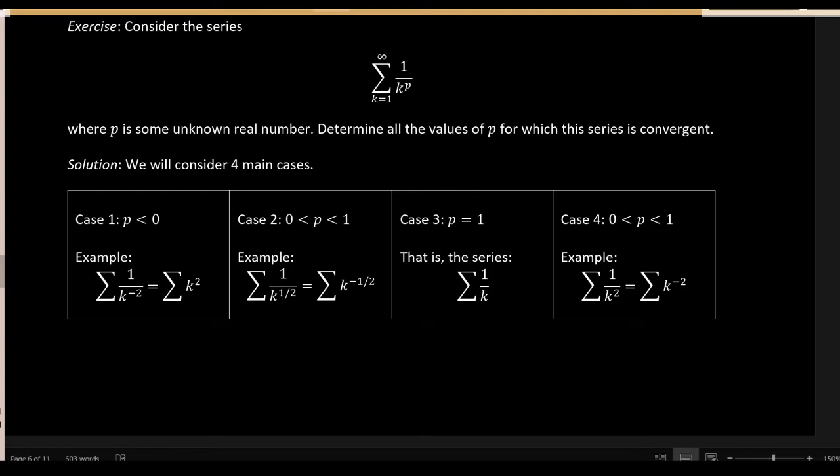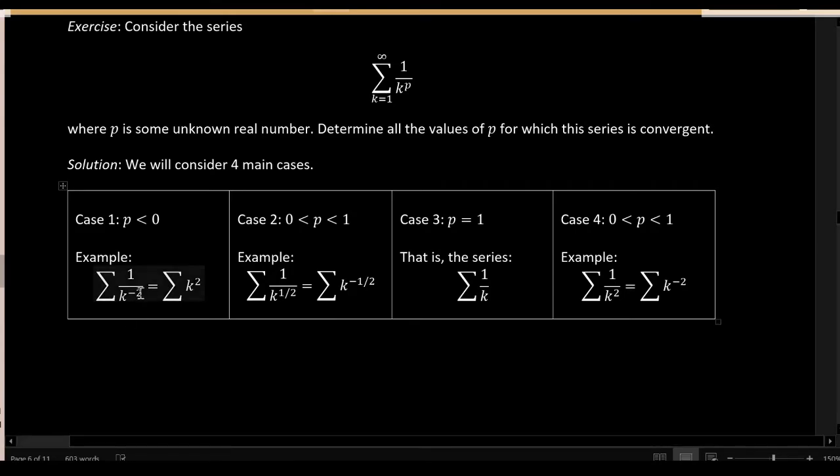So in this one shot, I want to be able to consider series that look like 1 over k to the power minus 2, 1 over k to the power 1/2, 1 over k squared, and 1 over k. I'm going to try and do a single argument using the integral test and the divergence test to analyze all these possible different series at one time.